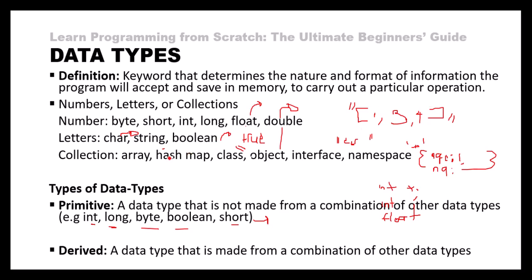An array can also group names, which are strings. As long as a data type is made from a combination of other data types, it's called a derived data type. Examples are array, hash map, class, and class object.